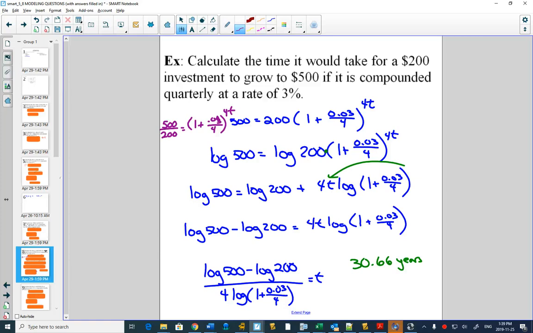Everything else after that is almost exactly the same, except on the left side, you would get log of 500 divided by 200. I hope you can see that that's the same as this. And you just have less things to write because you've divided first. So if you can simplify your equation by dividing first, I highly recommend that. It makes your life a lot easier.